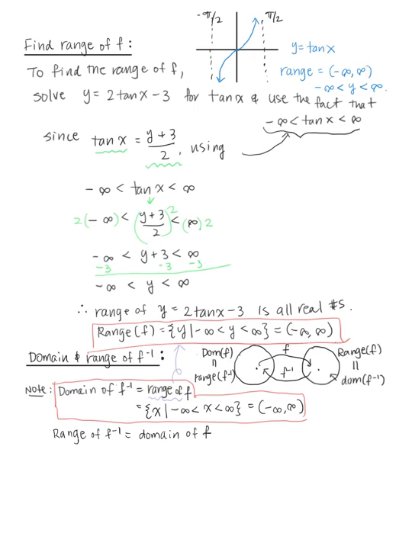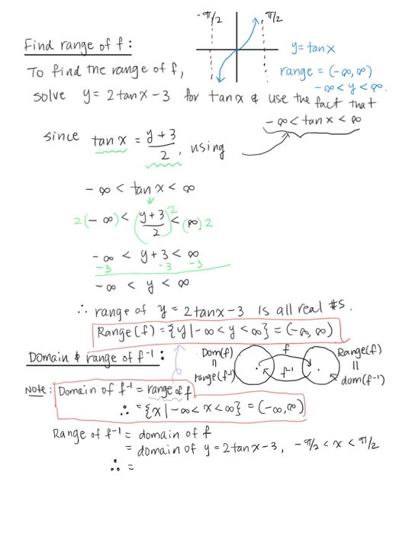Now remember, our domain of f was y equals 2 tan of x minus 3. Remember this portion: x better be between negative pi halves and pi halves. So therefore, the range of f inverse.